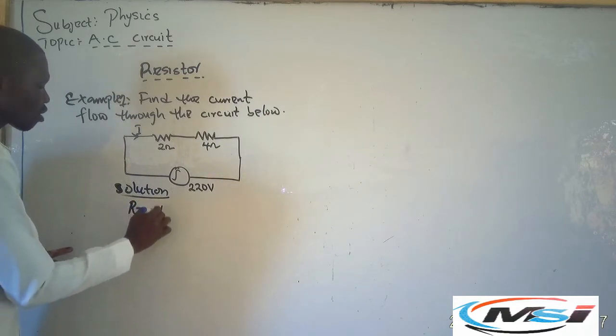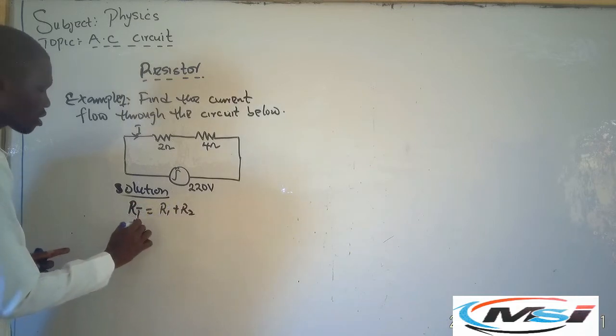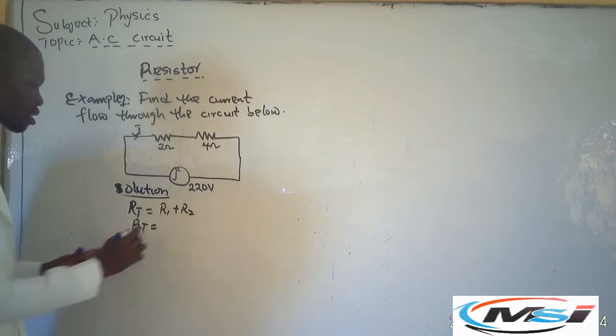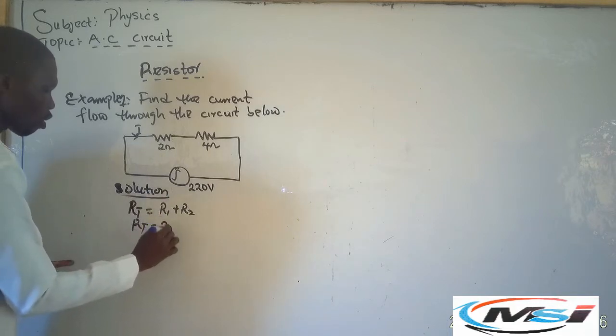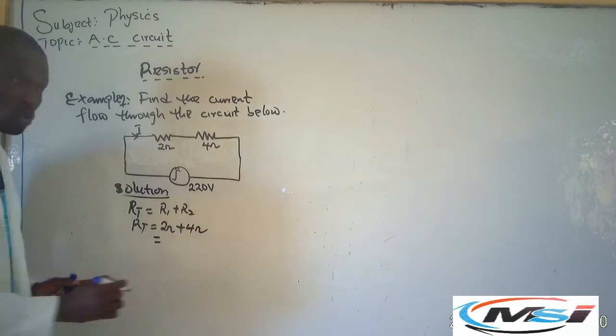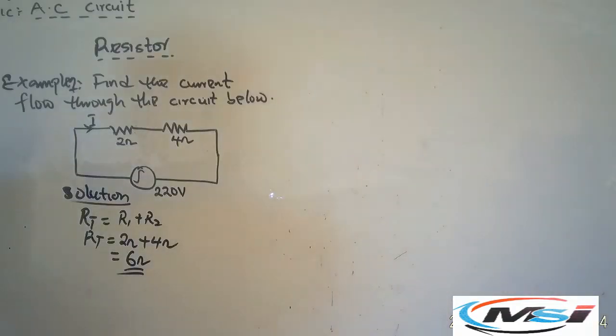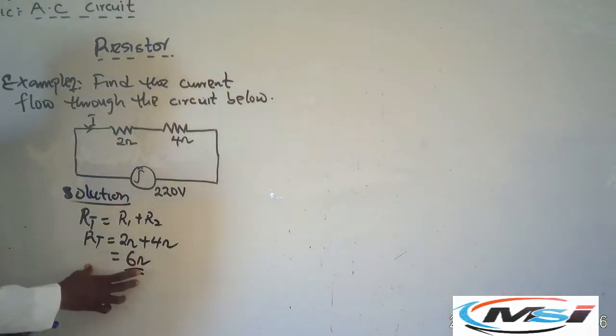RT equals R1 plus R2. So RT is going to give us 2 ohms plus 4 ohms, which will give us what? 6 ohms. Okay class, I believe you understand this.